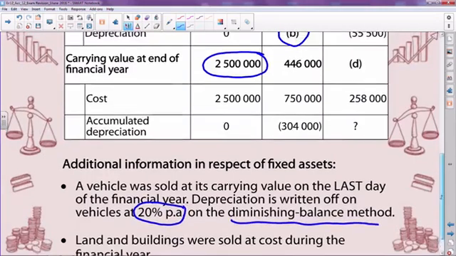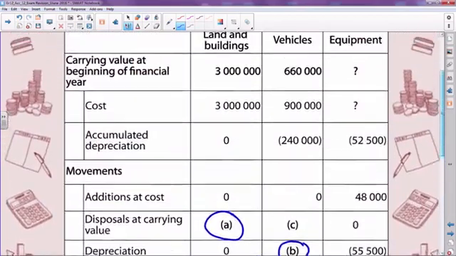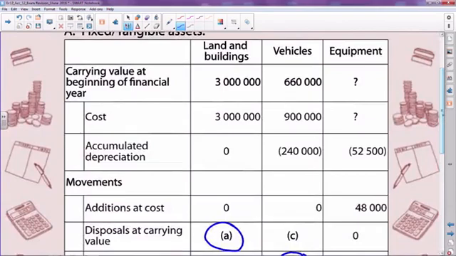Immediately, we say, fine, let's look at vehicles. Notice, with regards to vehicles, there were no additions, so that didn't change. You had a carrying value of 660,000, and that's what you require because it's the diminishing balance method.